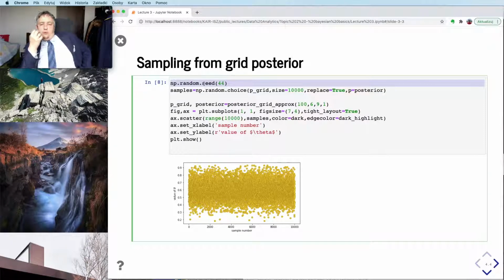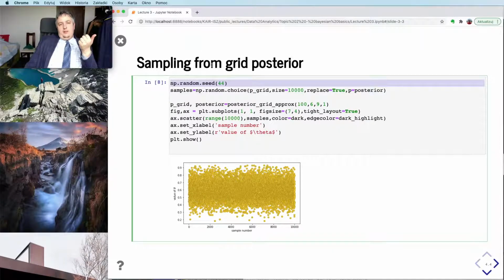How to create samples? Here it will be a much easier situation because we'll be using random sampling with replacement, which generally looks like this. This function looks like this. We sample values from the grid, so the values of possible parameters.